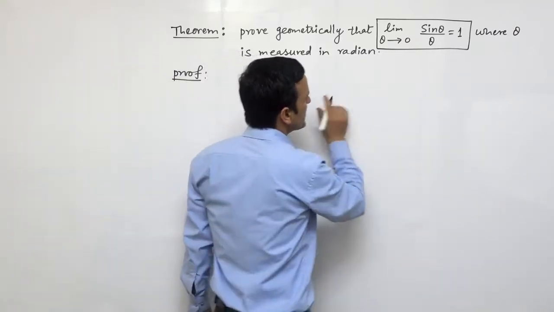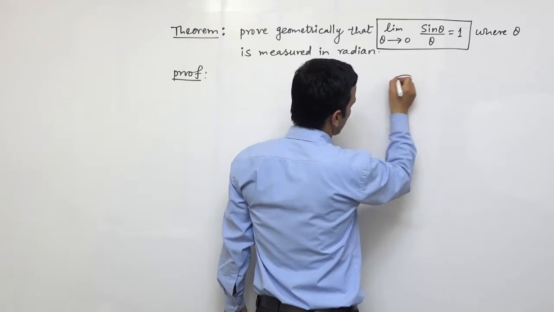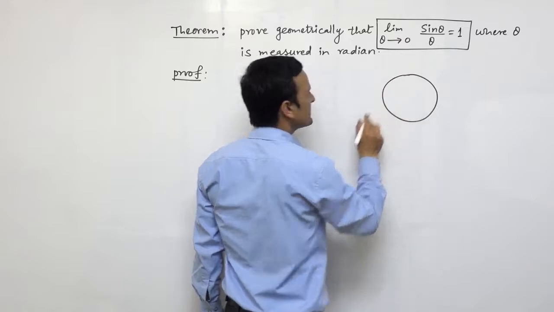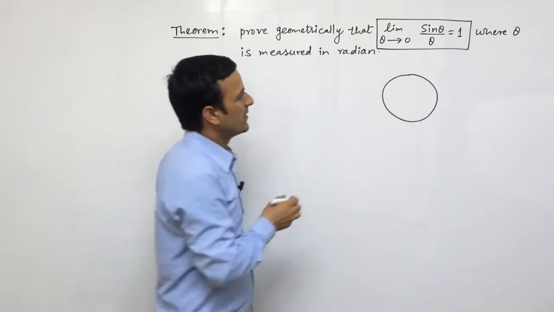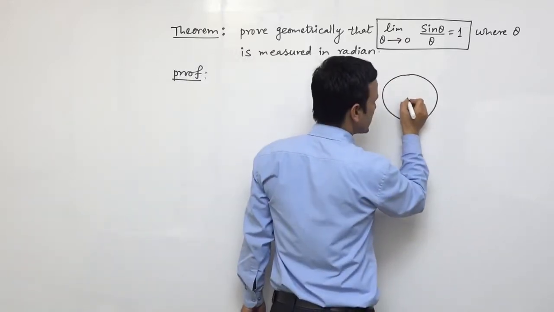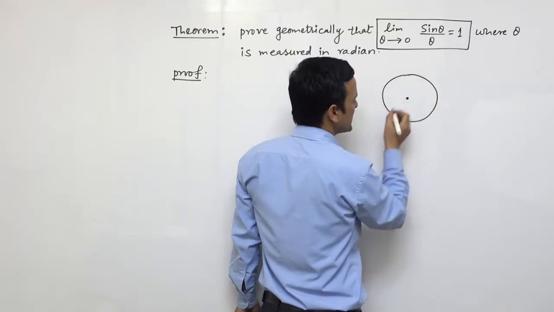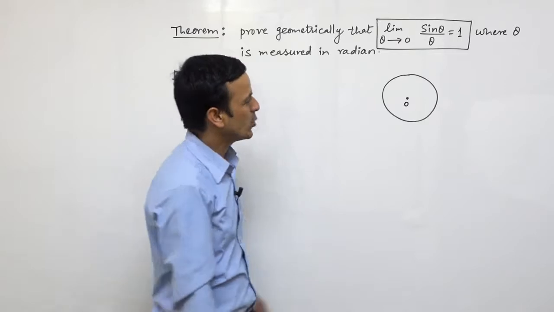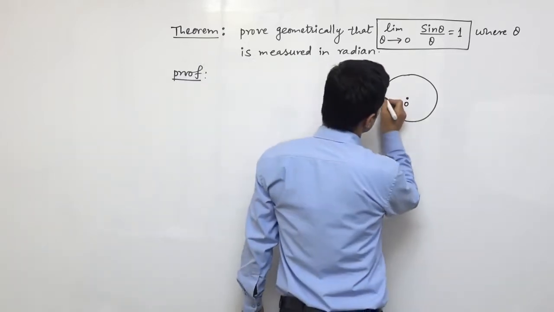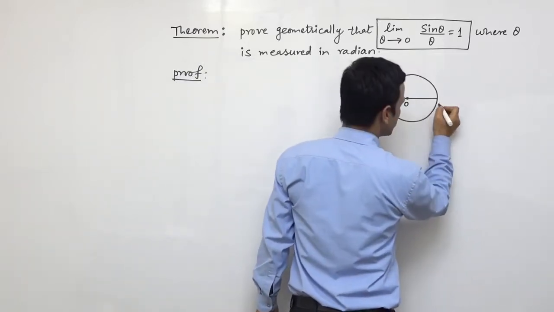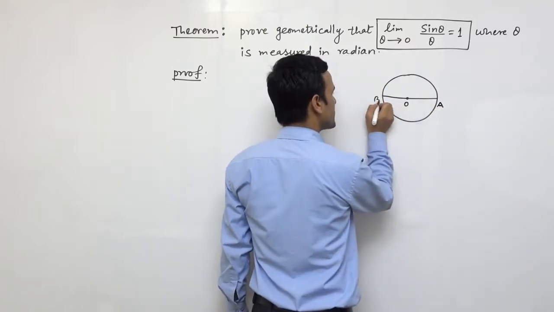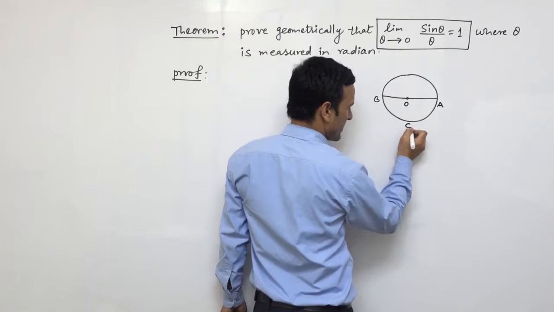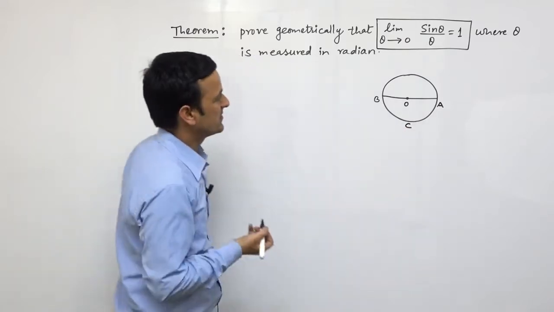For this we can draw a circle, and the circle has a center. The center is O, a circle having center O, and we have one diameter. This is A and this is B, and ABC is a circle.